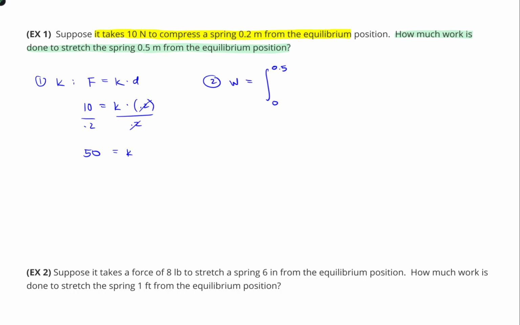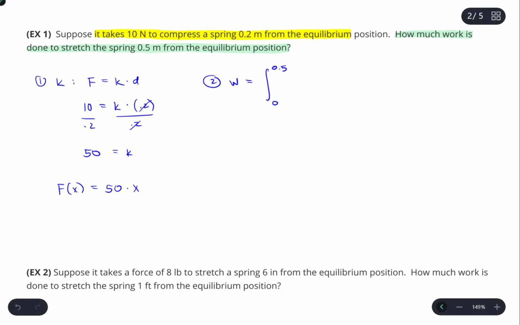Then it's going to be our function f of x, the force required to stretch the spring at any point, which is k times x. So that's going to be 50x dx. Of course, you're free to use fnInt.